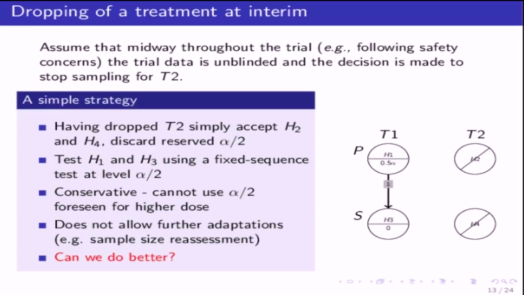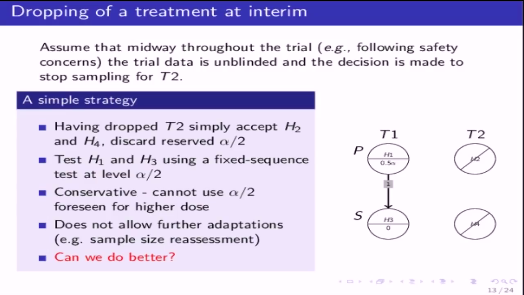So having dropped T2, it implicitly means that we have to retain H2 and H4, and a very simple strategy could be we simply discard the alpha foreseen initially for the higher dose, which means we would then test H1 and H3 using a fixed sequence test, a hierarchical test at alpha over 2.